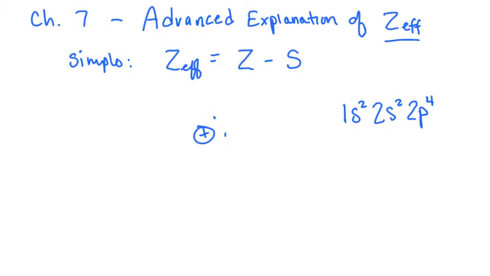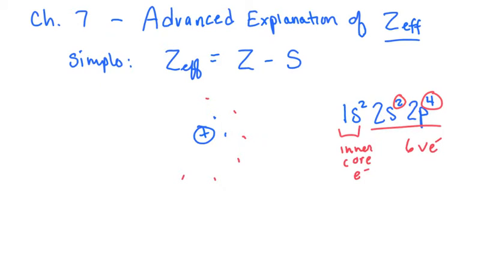This means that we're going to have 6 valence electrons, because this is going to be our outermost layer. That means this is going to be our inner core electrons. So we only have 2 there. So I'm going to have 1, 2, 3, 4, 5, 6.